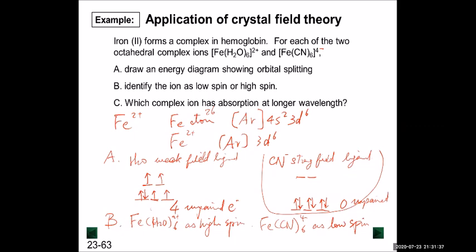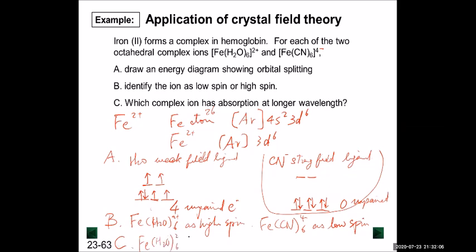And question C: which complex has absorption at a longer wavelength? Longer wavelength means lower frequency or lower energy absorption. So the lower energy absorption should be the one with smaller delta, which is the weak field, which means the water complex ion, the iron with water.